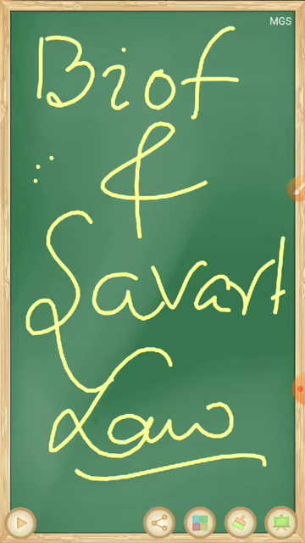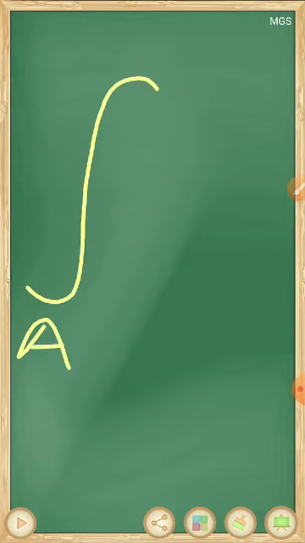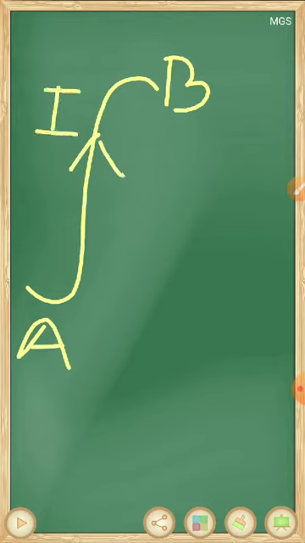Now let us start Biot and Savart law. Here AB is any arbitrary shaped current carrying conductor and I is the current flowing in the conductor in a direction from A to B. This entire conductor may be supposed to be divided into a large number of elementary elements.